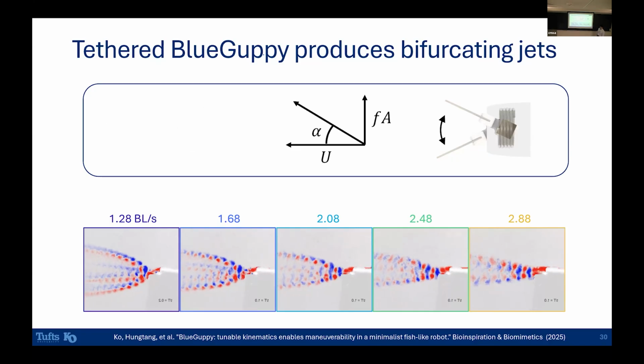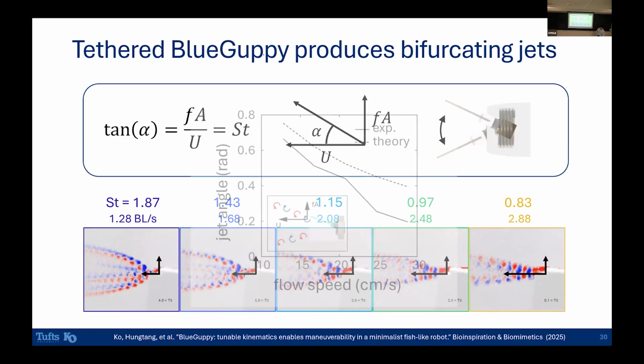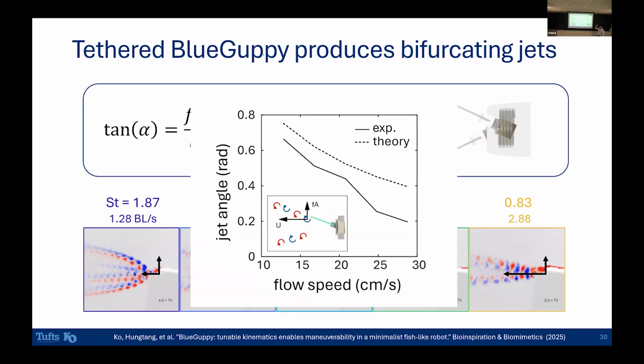So the angle would scale with the ratio between the span-wise velocity and the stream-wise velocity, and the ratio of them is actually exactly the Strouhal number. If you plot out the Strouhal number, you'll find that it also decreases as the flow increases, and qualitatively, this very simple argument captures well why the angle decreases.